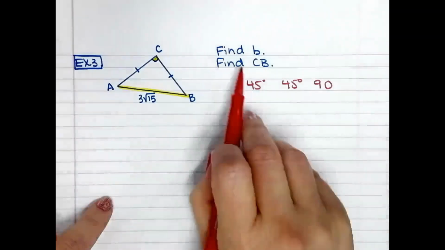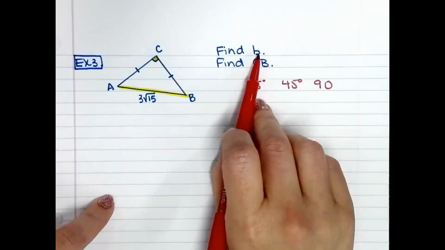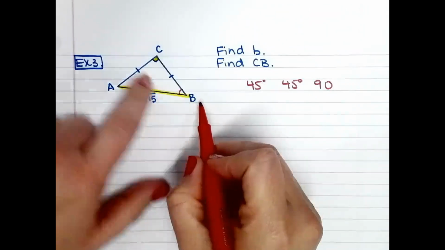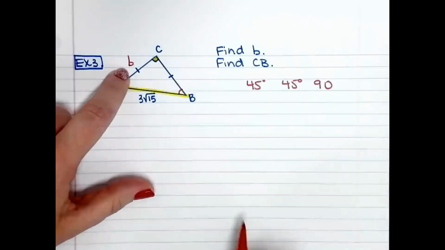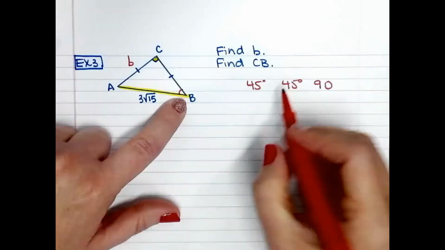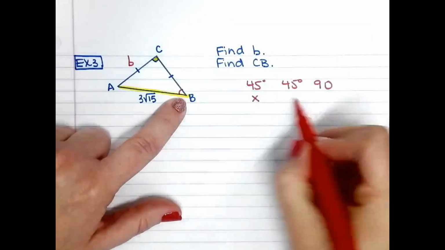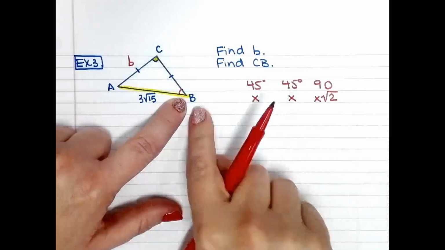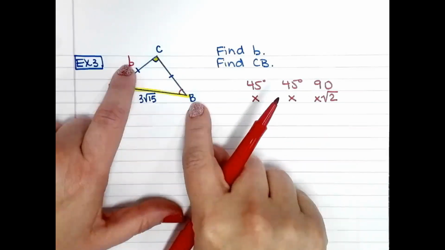We need to find b, lowercase b, which is directly across from angle B. So we're looking for this one right there. This one is directly across from 45. Let's write the ratios: x, x, x square root of 2. So we're looking for b right there.